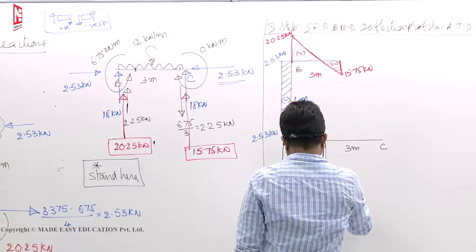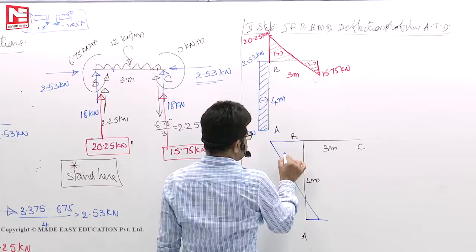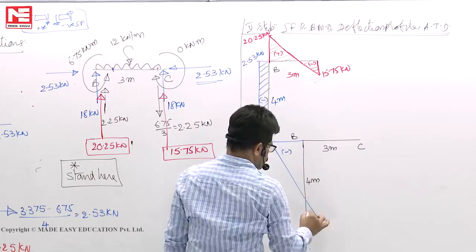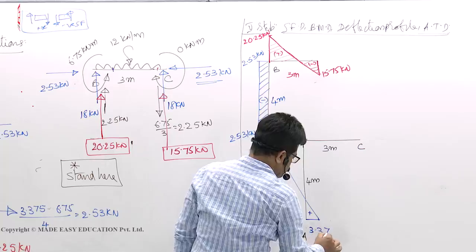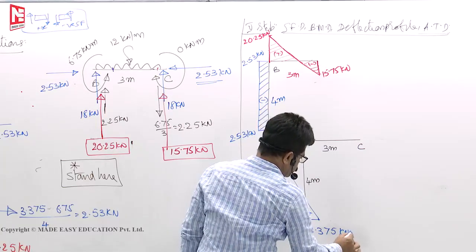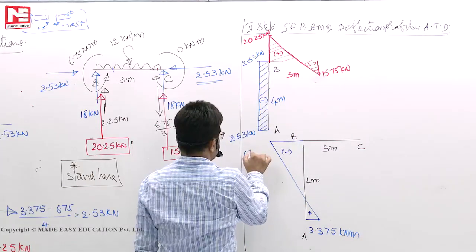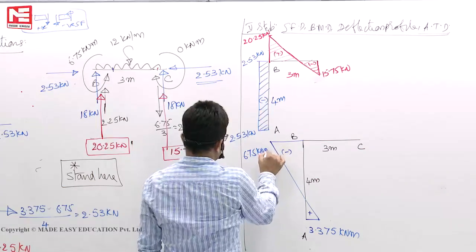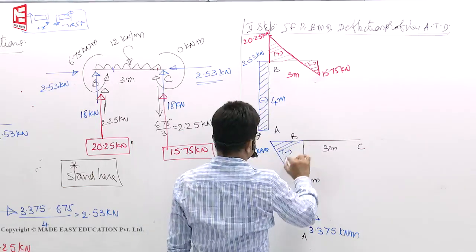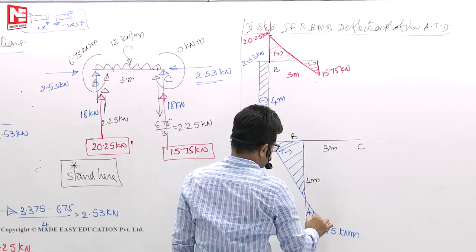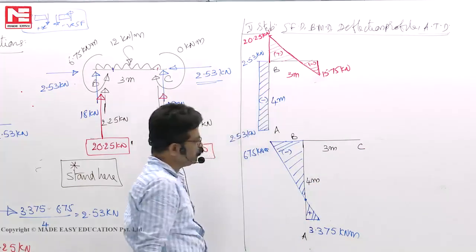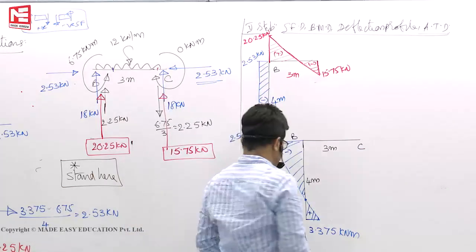So now draw this one. This is minus, this is plus. This value is 3.375. This is 6.75 kilonewton meter. See, there is one point of contraflexure here.